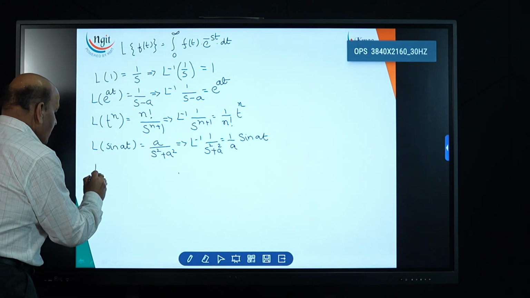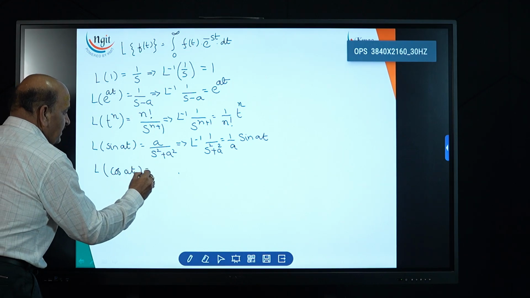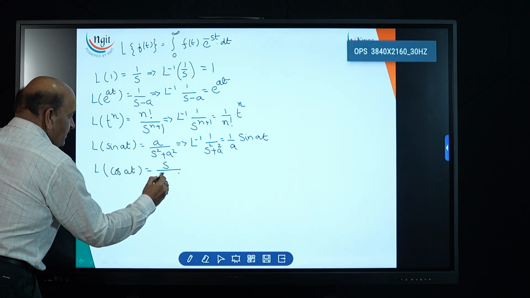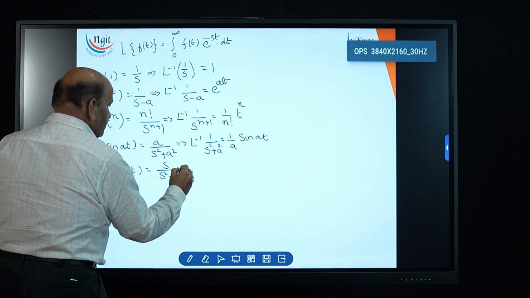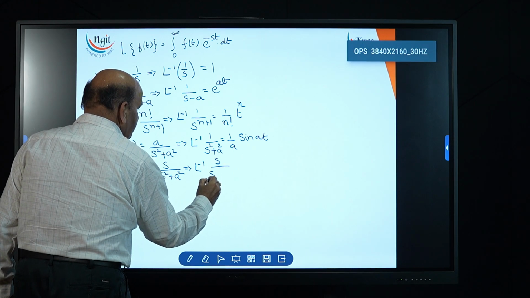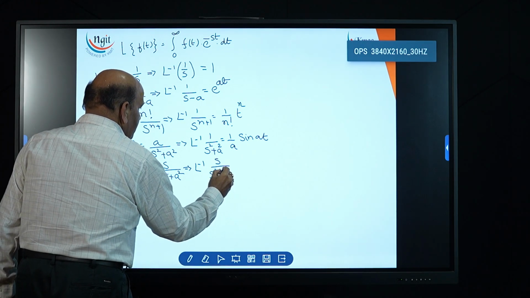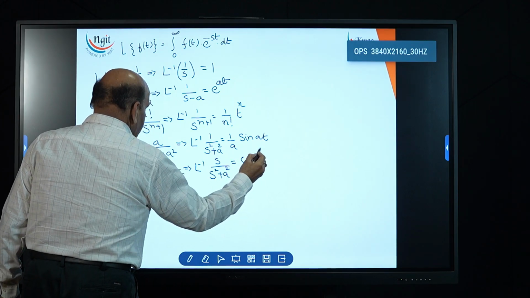Now, Laplace transformation of cos at is equal to s by s square plus a square. This implies the inverse Laplace transformation of s by s square plus a square is equal to cos at.